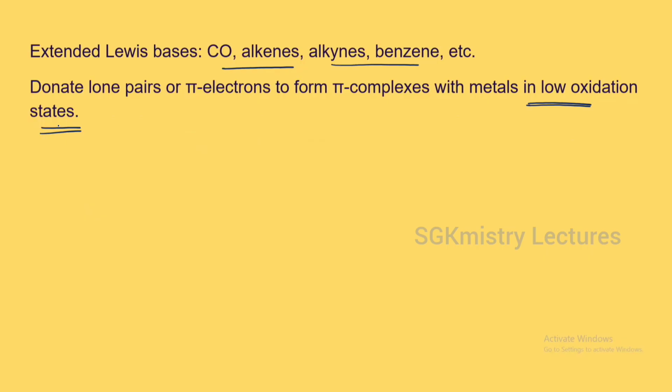So let us take into consideration nickel plus carbon monoxide. Here we have nickel and carbon monoxide. Nickel is the metal, right? And the carbon monoxide can act as a Lewis base. Because of which you can get Ni(CO)4, right? Nickel tetracarbonyl.